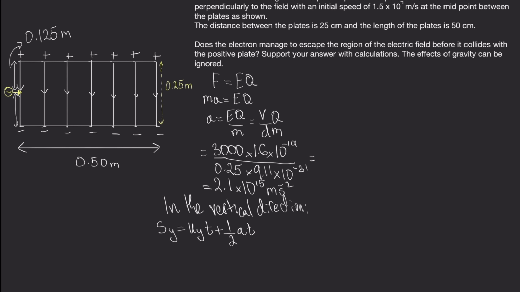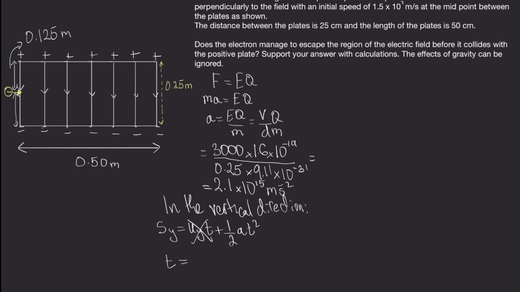We know what the displacement will be. It's just 0.25 over 2 because it was at the midpoint. A half, we know that. We've just worked out the acceleration. We can just rearrange for t, meaning that t will be the square root of 2Sy, that's the vertical displacement, divided by the acceleration. Okay, let's plug in some numbers.